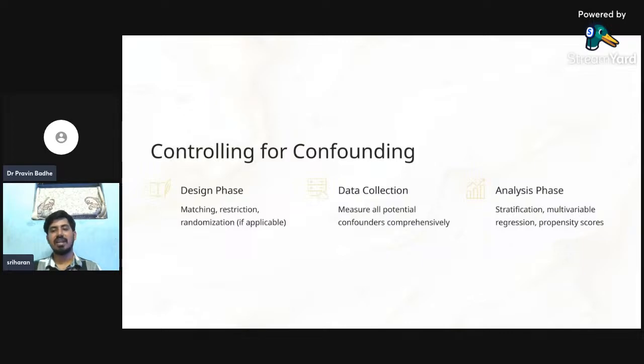Another one is at the analysis stage. After matching and restriction, we stratify the patients into subgroups and multiple subgroups. Another analytical basis is multivariable regression. Multivariable regression handles multiple confounding factors, such as age and sex. For example, air pollution causes lung cancer.